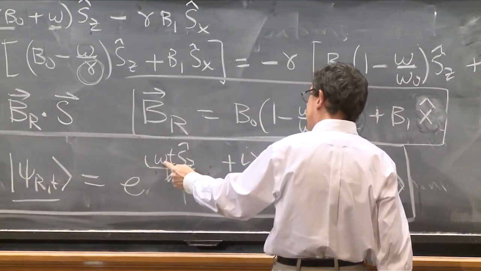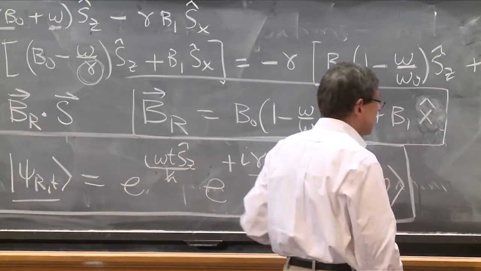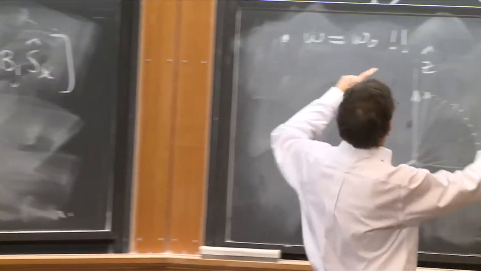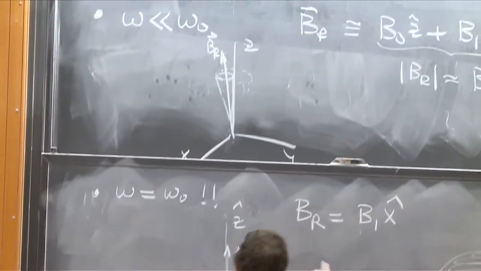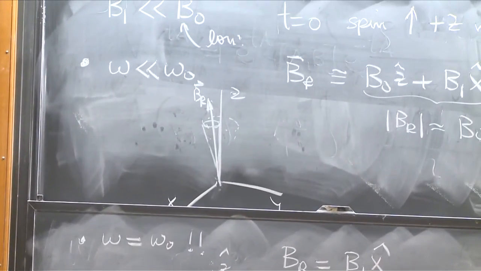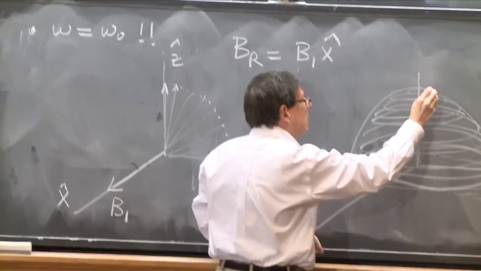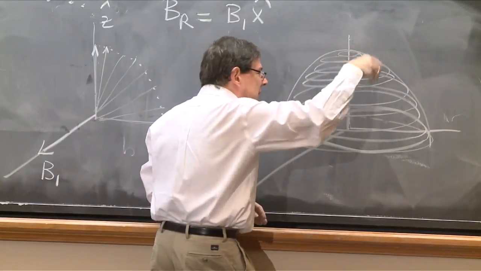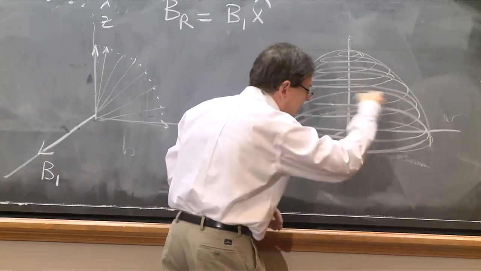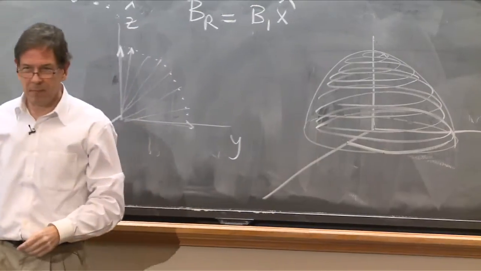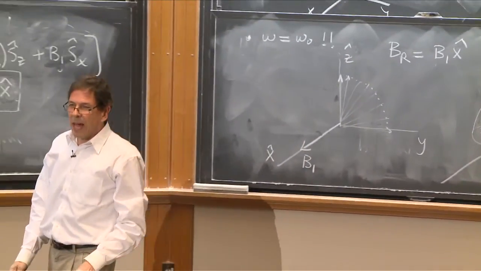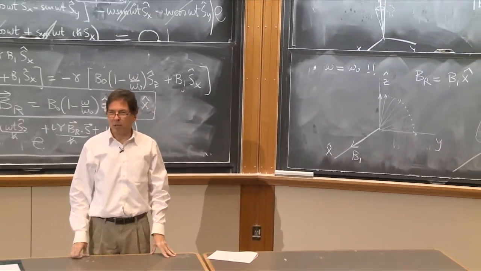So this is rotating around the z direction with omega 0. But B1 is much smaller than B0. So this rotation is very slow. So as it goes down a little, it's rotating very fast and fills out the spiral until it gets down here. So that's what the poor spin is doing in this thing.